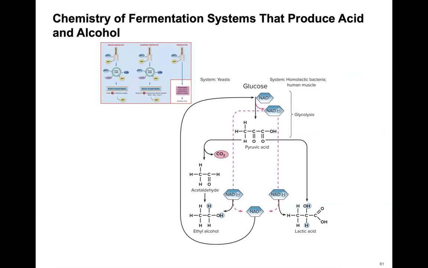In homolactic fermentative bacteria, pyruvic acid is reduced by NADH to lactic acid. Both systems regenerate NAD to feed back into glycolysis or other cycles, releasing the electrons off of the electron carriers. So here are just two examples where you're looking at two different pathways. And again, the pathways that exist are really going to depend on which enzymes are present.